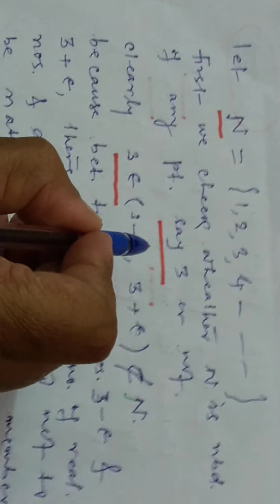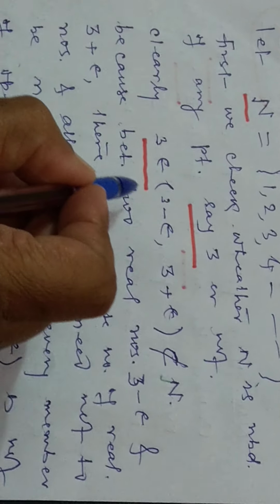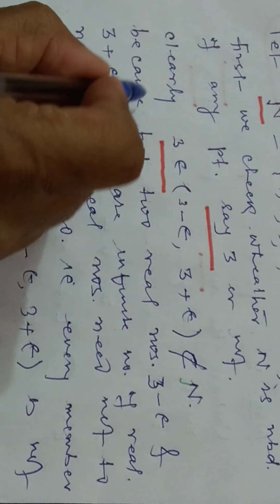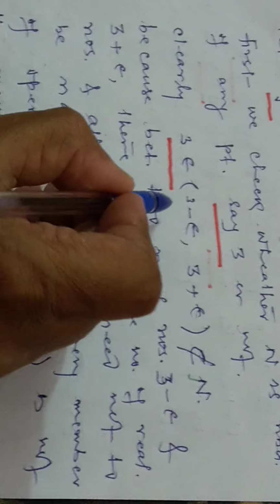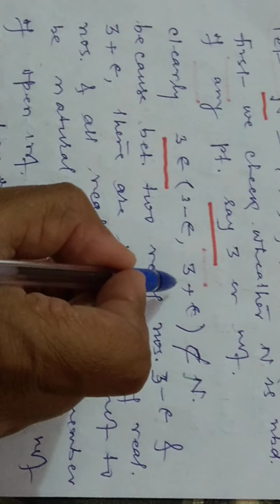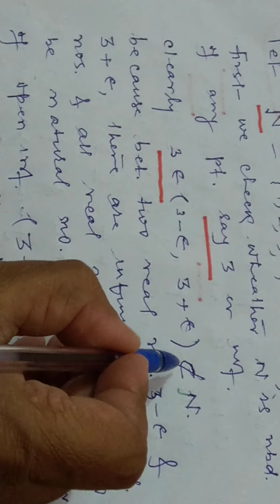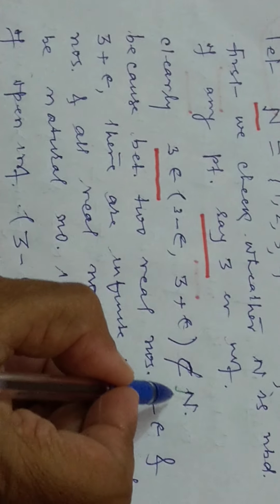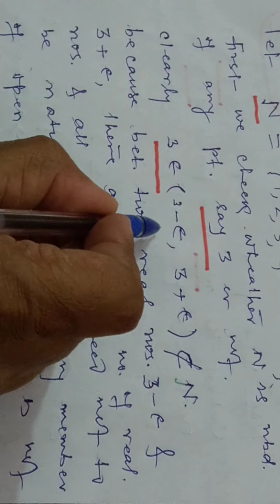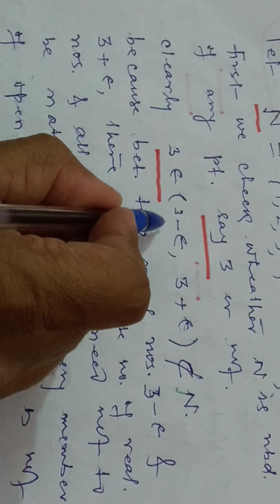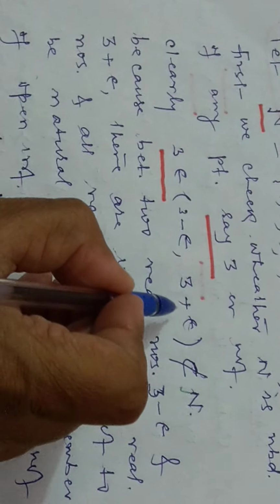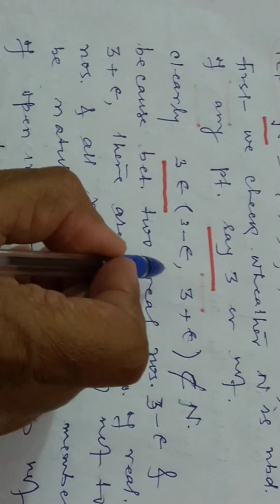For example, we have taken 3 as a member, and as earlier 3 belongs to (3 minus epsilon, 3 plus epsilon), which is an open interval and not a subset of N. Actually, the open interval whose endpoints are 3 minus epsilon, 3 plus epsilon is an infinite set.